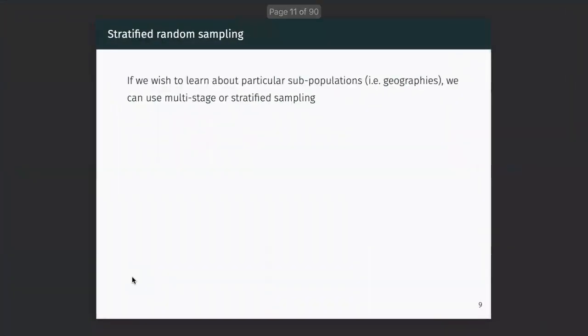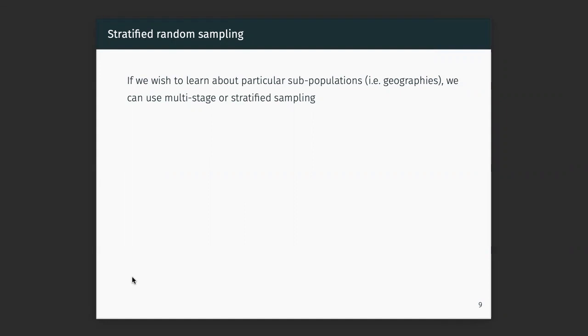So stratified random sampling is an extension of the logic of random sampling. But sometimes we want to learn about particular subpopulations. Like, for example, maybe we want to learn about counties in New Jersey, right? And in order to learn, maybe we don't want a simple random sample of the state, but we think the counties, or maybe even cities, are sufficiently different that we want to learn about each of these units as elements within a population.